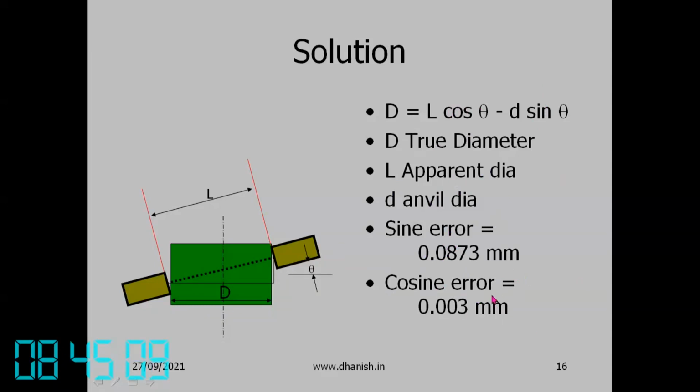And the total error will be the sum of the two, that is 0.0903 mm. So we can see the sine error is the biggest contributor of the total error. Okay, so this problem is clear how to do.